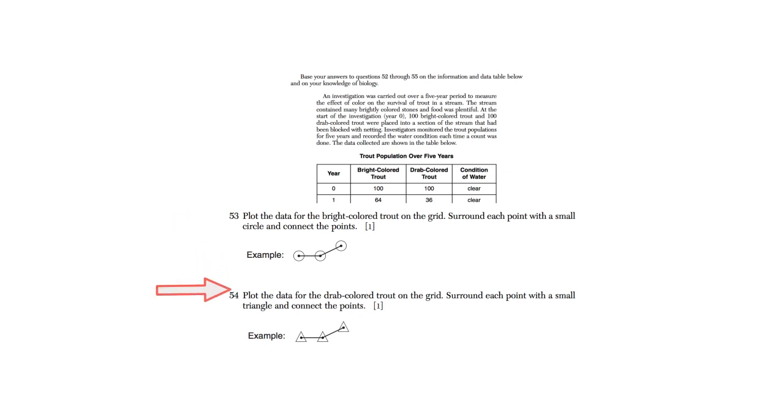And question 54 says, plot the data for the drab colored trout on the grid, surround each point with a small triangle and connect the points, as you can see in the sample. So let's turn the page and let's begin graphing.